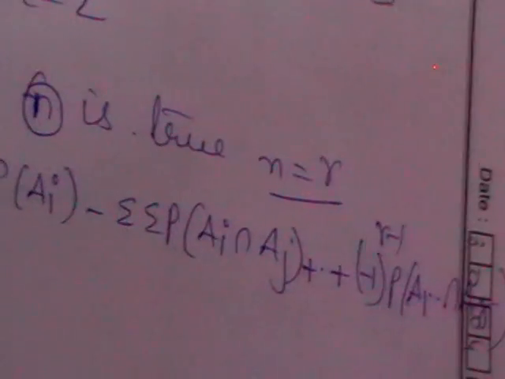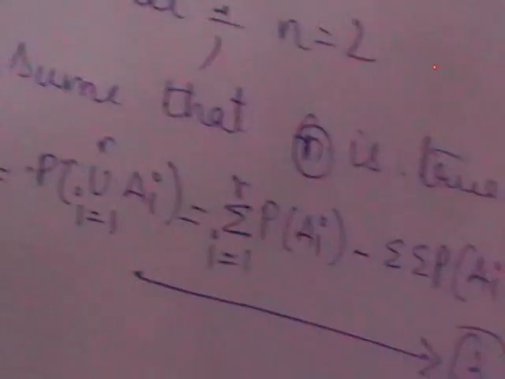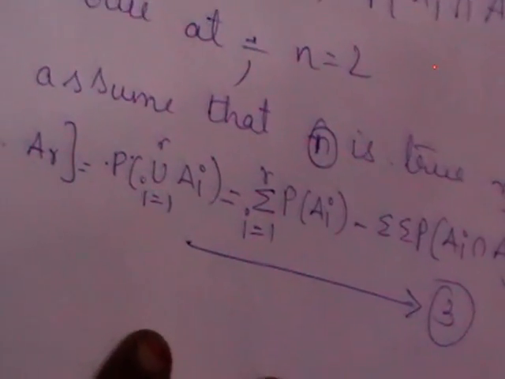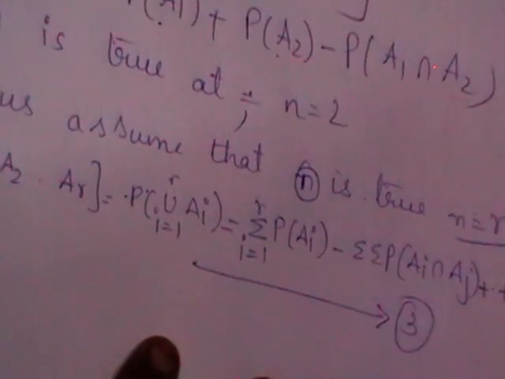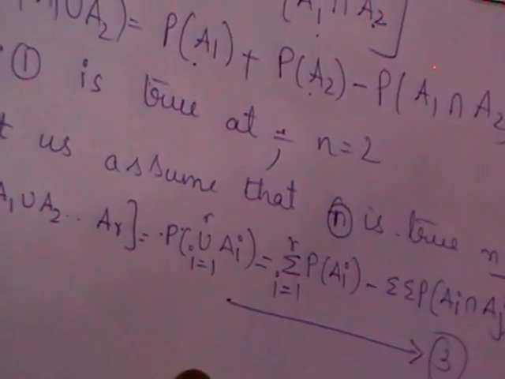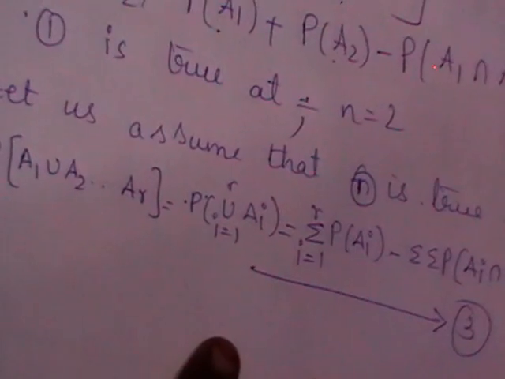Let us take this as equation number 3. In the same order, better you consider the given statement as 1, the statement true at n is equal to 2 as equation number 2, and assuming it is true at n is equal to r as equation number 3.